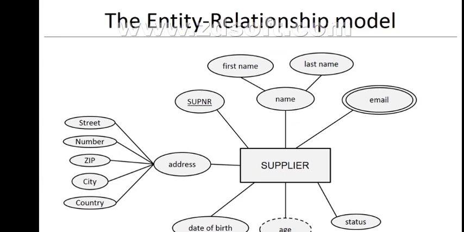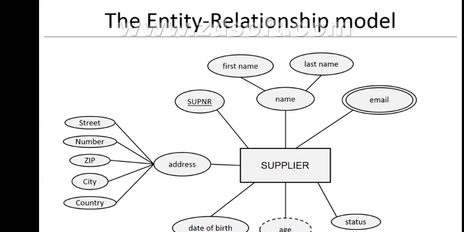Here you can see this illustrated. We have an entity type supplier. Note that entity types are represented as rectangles in the ER model. Attribute types are represented using ellipses. Address is modeled as a composite attribute type consisting of attribute types for street, number, zip, city, and country.